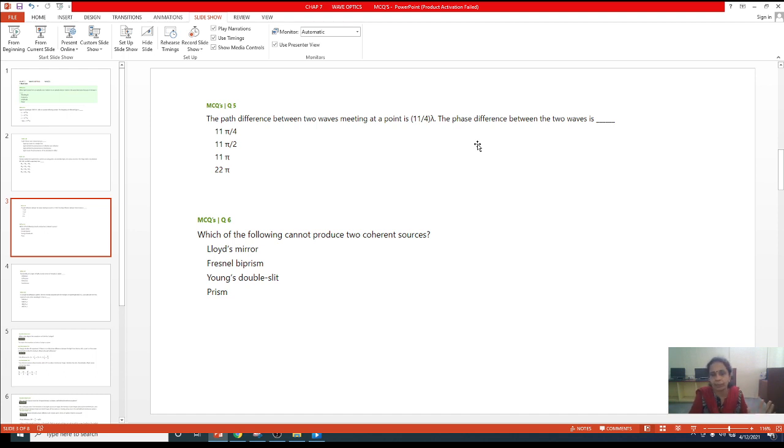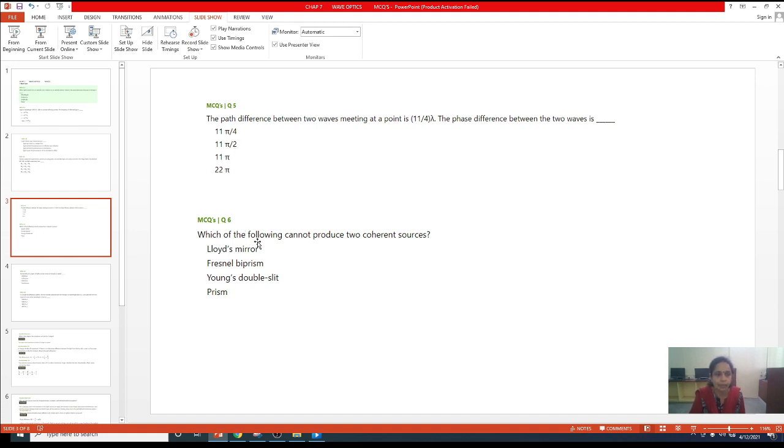Then it is very simple. What is the relation? Phase difference is equal to 2 pi upon lambda into the path difference. Therefore, phase difference is equal to 2 pi upon lambda into 11 by 4, and if you calculate this, lambda gets cancelled, 2 gets cancelled with this 4, and therefore the answer will be B, 11 pi upon 2.